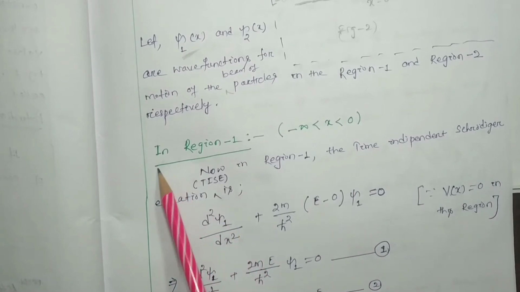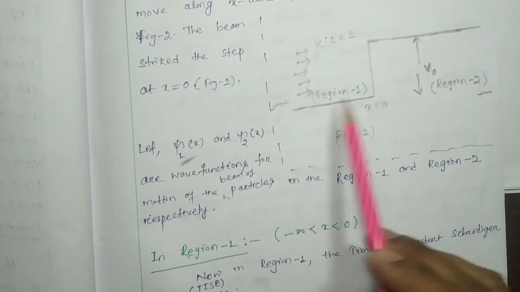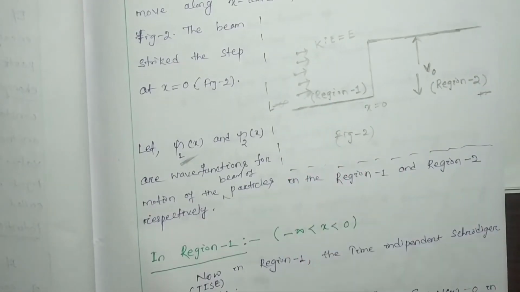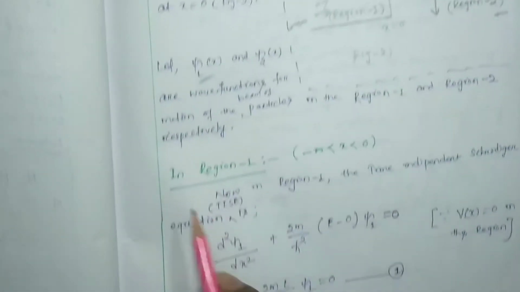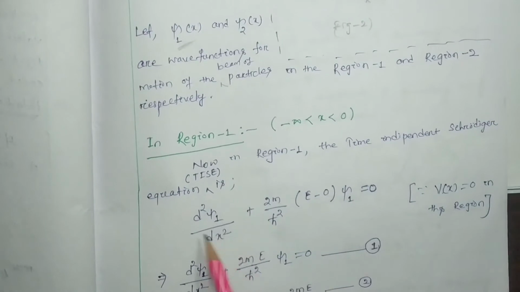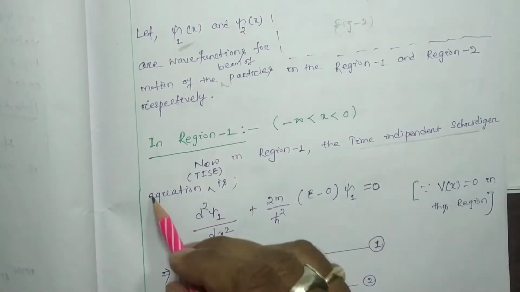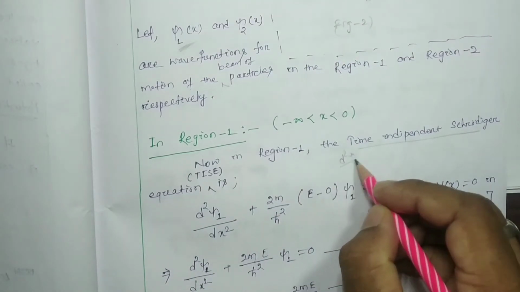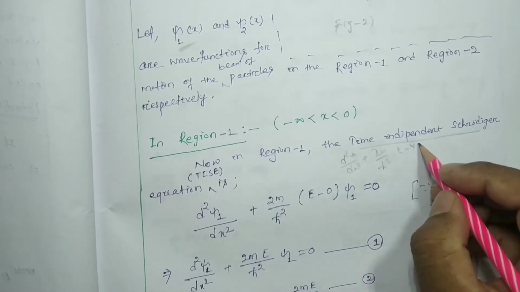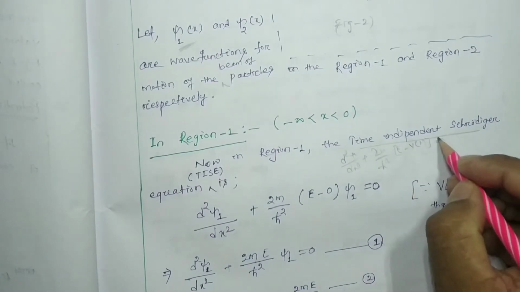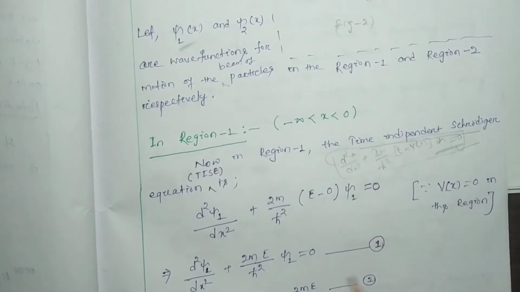So in region 1, from minus infinity to 0, we have to set up the Schrodinger equation. In general, the time independent Schrodinger equation is d squared psi by dx squared plus 2m by h cross squared (E minus V(x)) psi equal to 0.